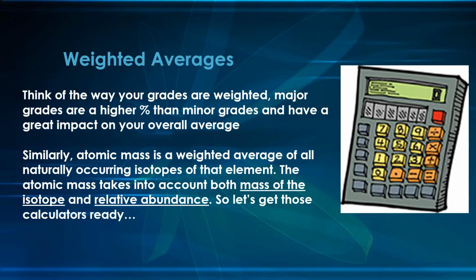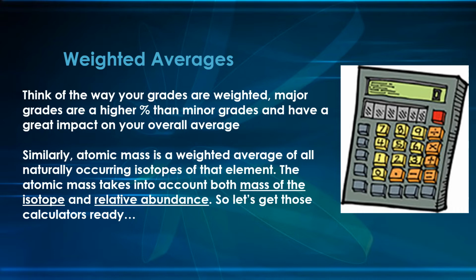In your notebooks, you've written down two things: that atomic mass is a weighted average of all naturally occurring isotopes, and it takes into account not only the mass of that isotope, but how abundant it is in nature. So there are some isotopes that are very, very abundant, and some that are not abundant at all.